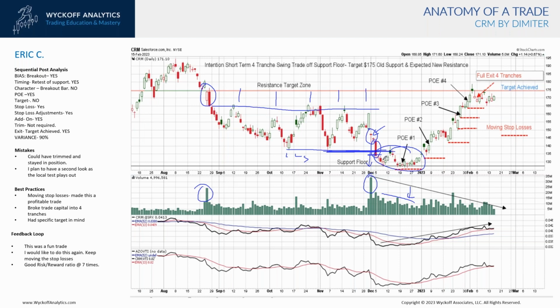So weakness on the breakdown, weakness on the follow through, weakness on the tests by the supply suggests the rally. As we start rallying, we start seeing demand, and this is where we start to accumulate more and more. So the first point of entry happens here on a no supply bar.